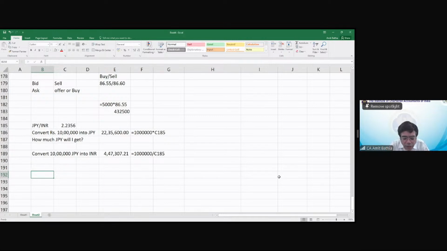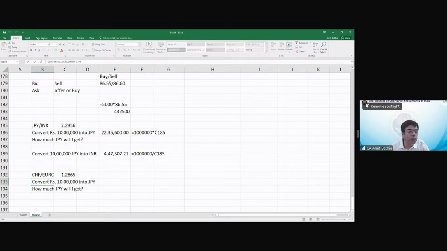We take a slightly different example with the CHF. CHF to euro. So CHF to euro, I'm going to say, let's say the rate is 1.2865.